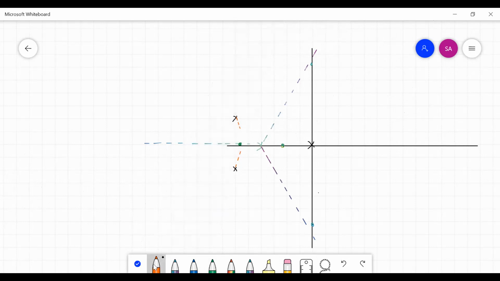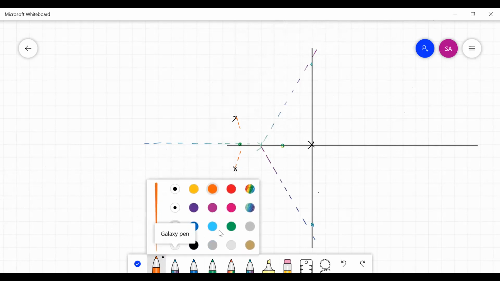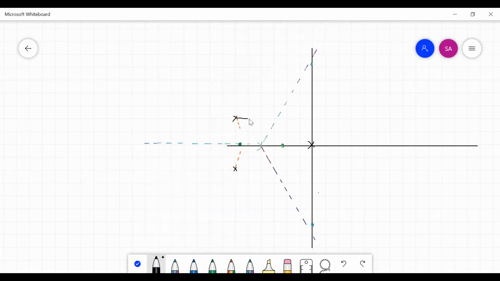See how the root locus will come. If this is the 0 axis, this represents minus 72 degree, and if this is the 0 axis, this represents plus 72 degree.